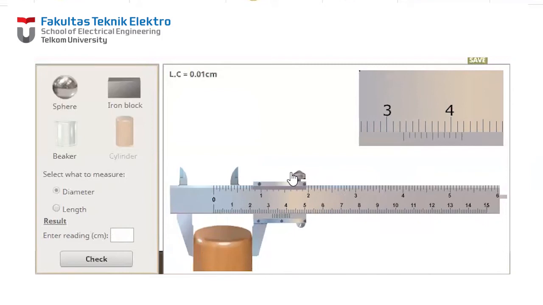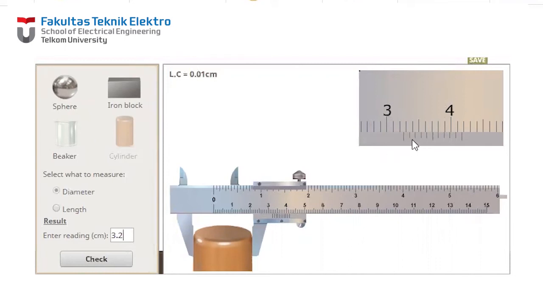and same as before, we look at the lowest main scale, which is 3, and the highest is 4. And then we look at the zero of the vernier or nonius scale, which is started on the number 2. Yep, so we'll have to write down 3.2 cm for the main scale.